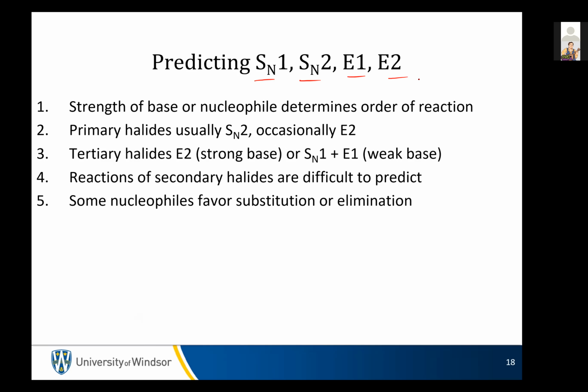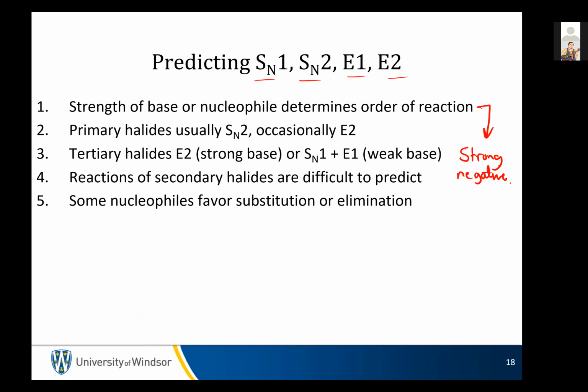So strength of base or nucleophile determines order of reaction. What do I mean by that? Strong negative charges don't want to be negative. That's pretty clear. What does that mean for us? That means that they're often involved in a rate determining step.